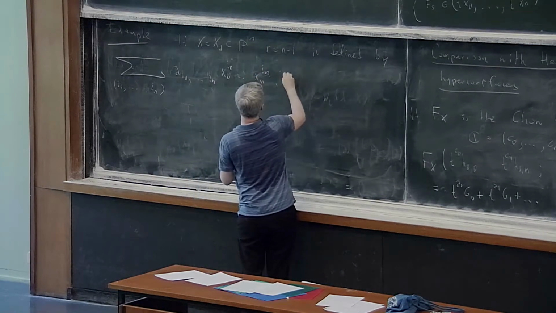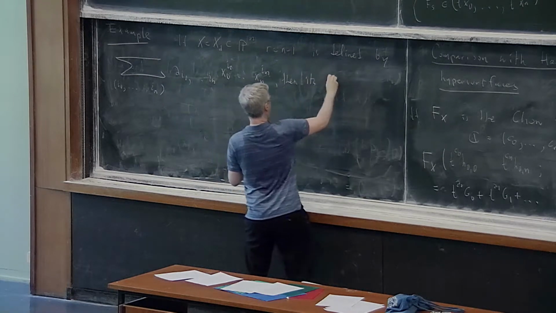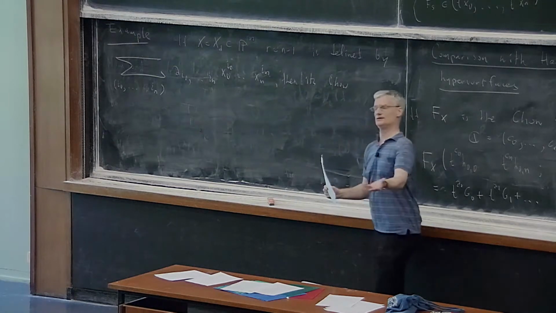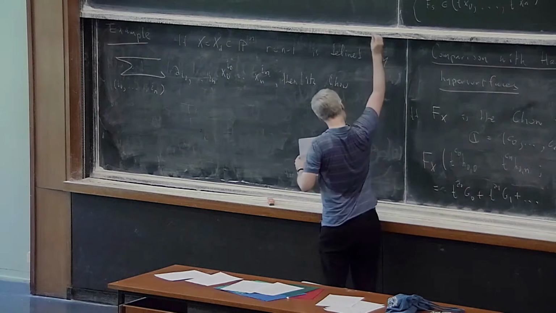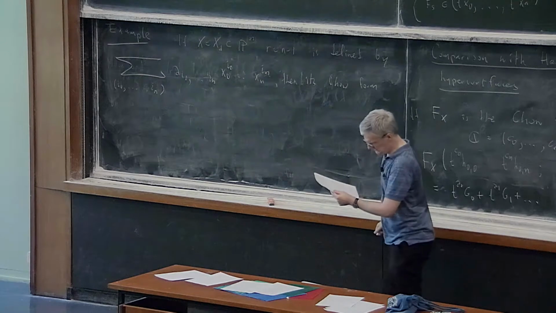Then the Chow form: here you can think that you don't really need any Chow forms because you already have an equation. But you can easily relate them such that my theorem contains Heath-Brown as a special case.